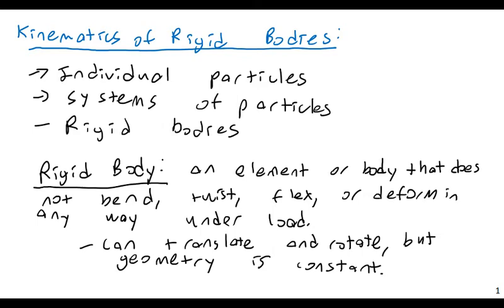Anyway. So on one hand, a rigid body assumption is completely impossible. We cannot have a material that is truly a rigid body. However, in most cases, this isn't really that bad of an assumption.